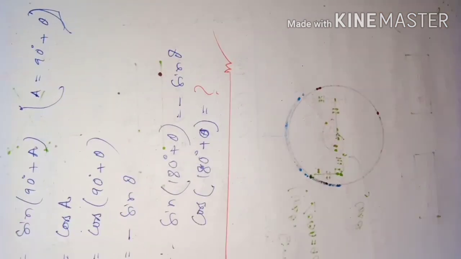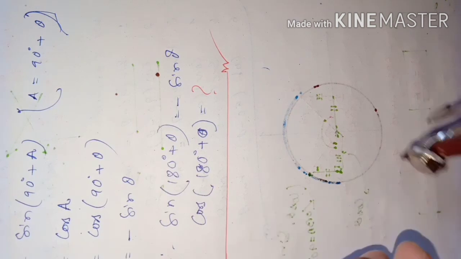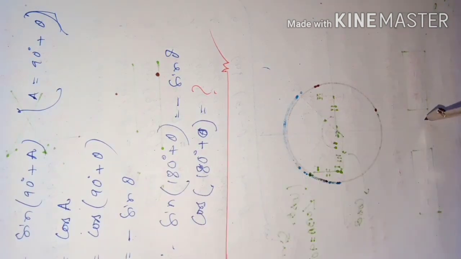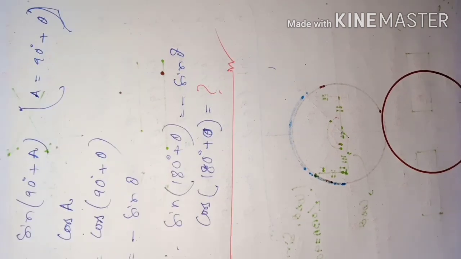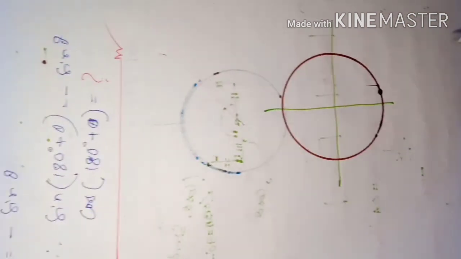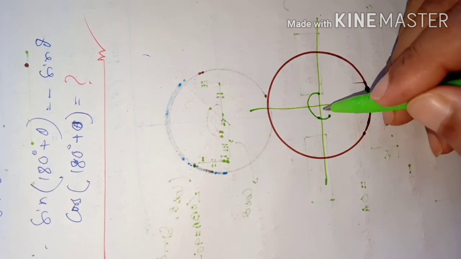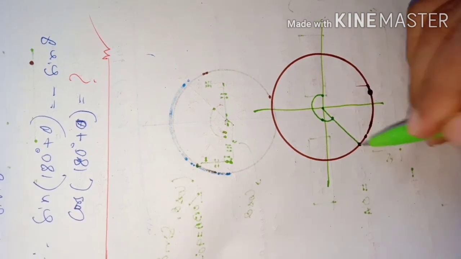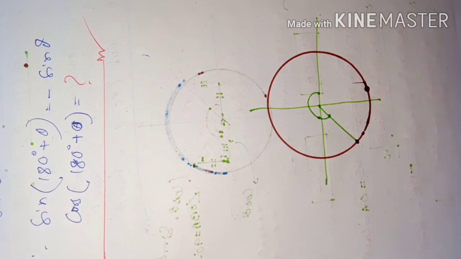Geometrically also you can say it like this. Suppose the arc is extended up to the third quadrant. If it is 180 plus theta, suppose 180 is this one, plus some more angle theta, then the position of the ray will be this one. At that time, what is the sine of 180 plus theta?